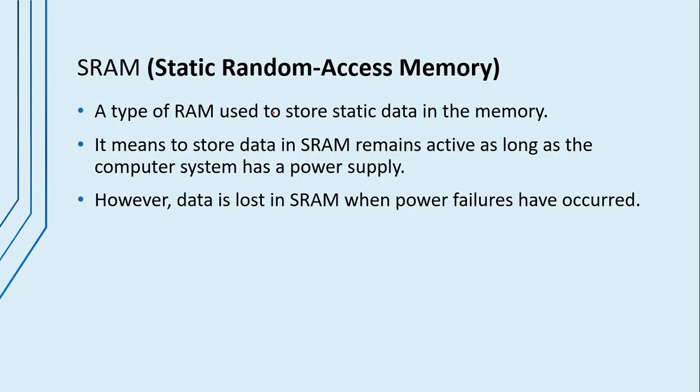But here continuous power is not required. In dynamic RAM, you have to continuously give power, but in SRAM it is not required, so it consumes less power compared to dynamic RAM.